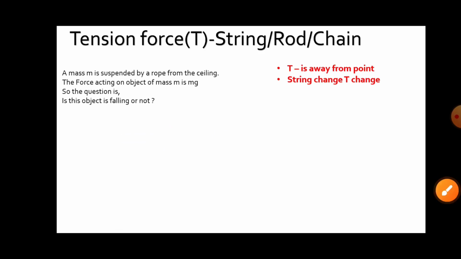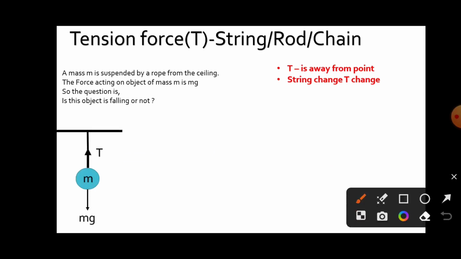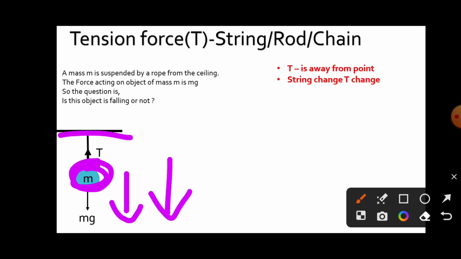Let's understand. A mass m is suspended by a rope from the ceiling. The force acting on the object of mass m is mg. So the question is, is this object falling or not?